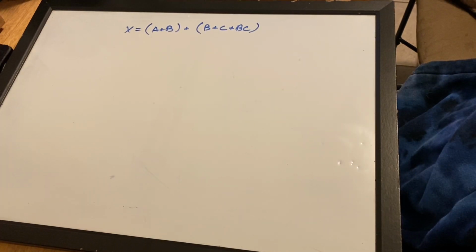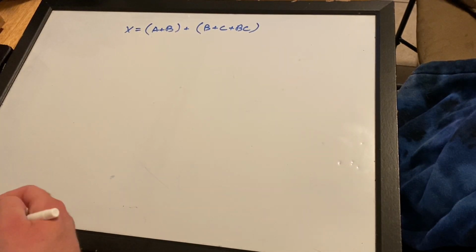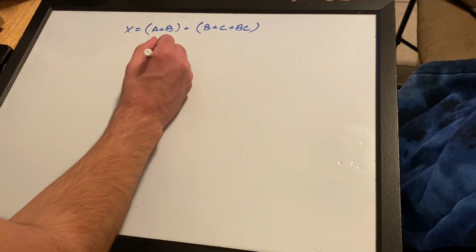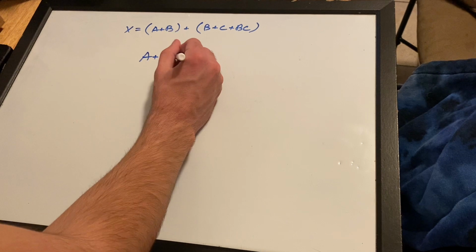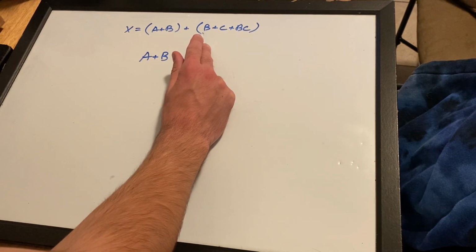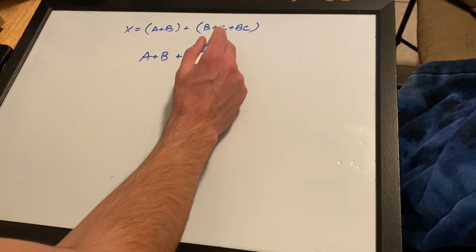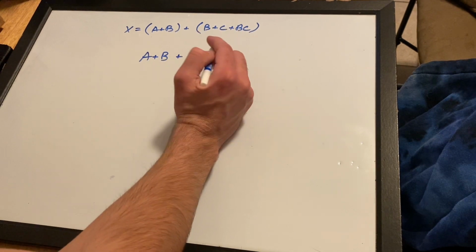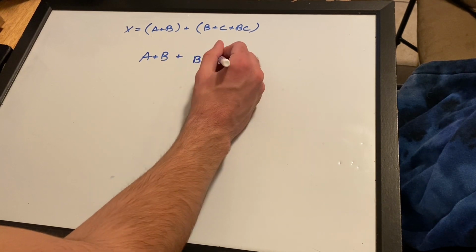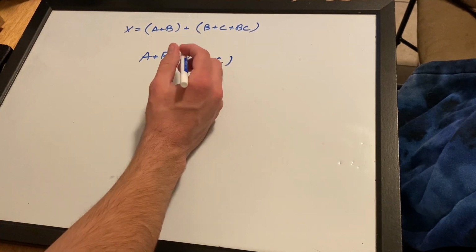Okay, so here we're actually going to use Boolean algebra to simplify this expression. First we're going to drop the parentheses for A or B, and then we're going to use our absorption property to get rid of that B or BC. So the result from that is going to be B or C in parentheses.